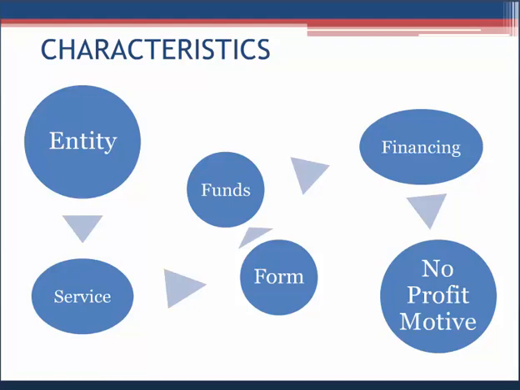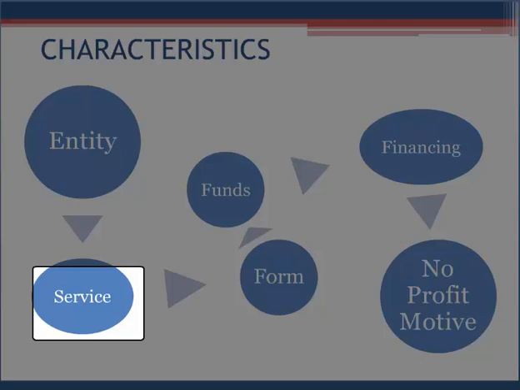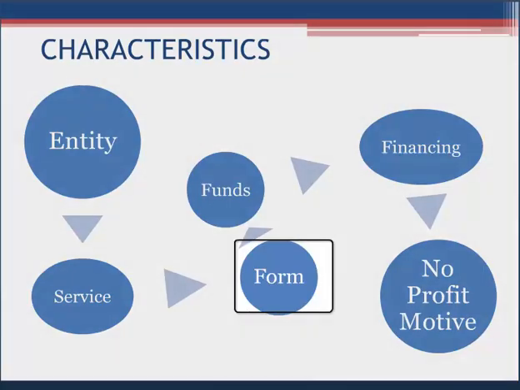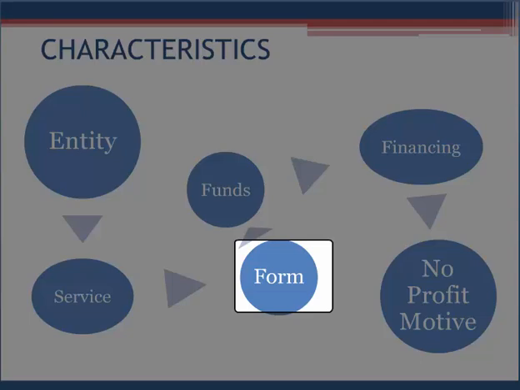It has a separate legal form, separate from the person. Second, it intends to provide the service. This is the main part. It intends to provide the service to the society. Do you agree with that one? Third, the next part is the form. It may take the form of a club or a society or a charitable institution. Do you understand that?